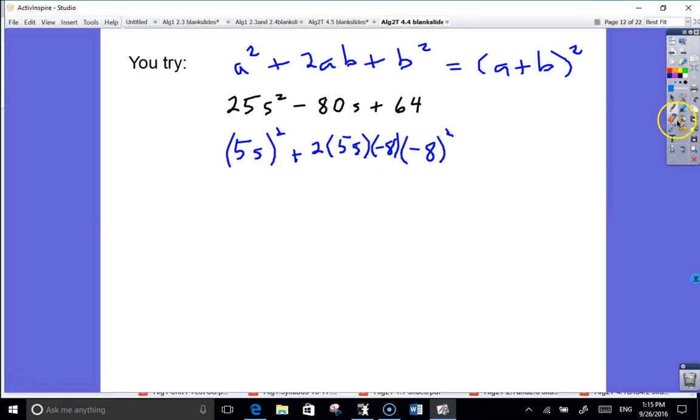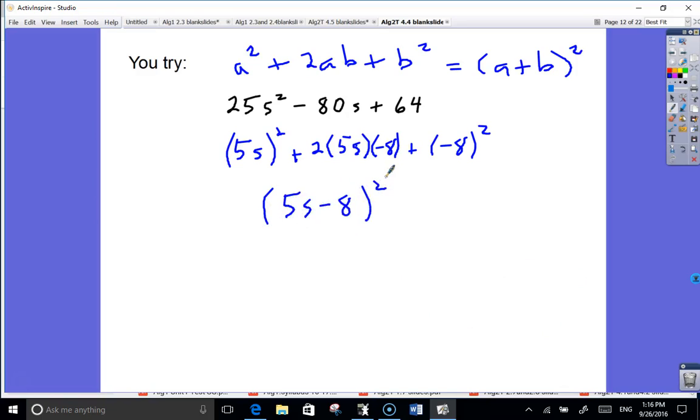I got to rewrite that. Plus negative 8 squared. And does that work out? Let's see. 2 times 5 times negative 8 is negative 80, so it works. So this whole thing is just 5s minus 8 squared.